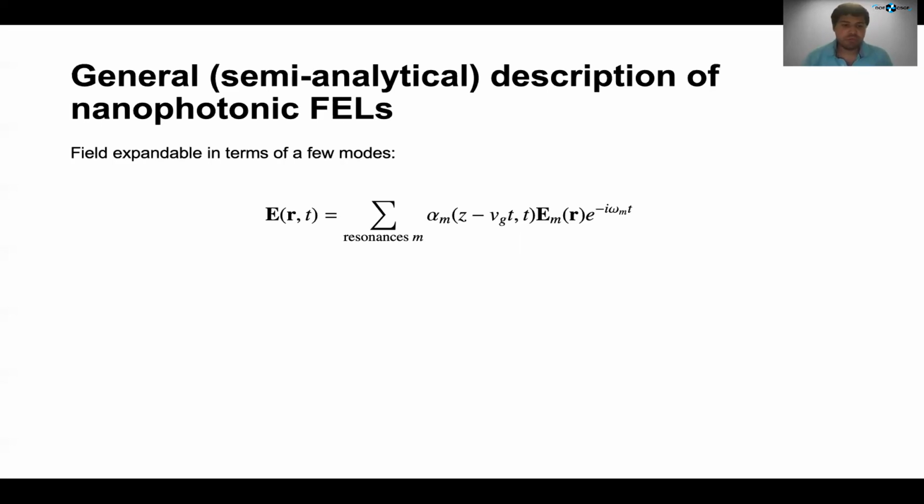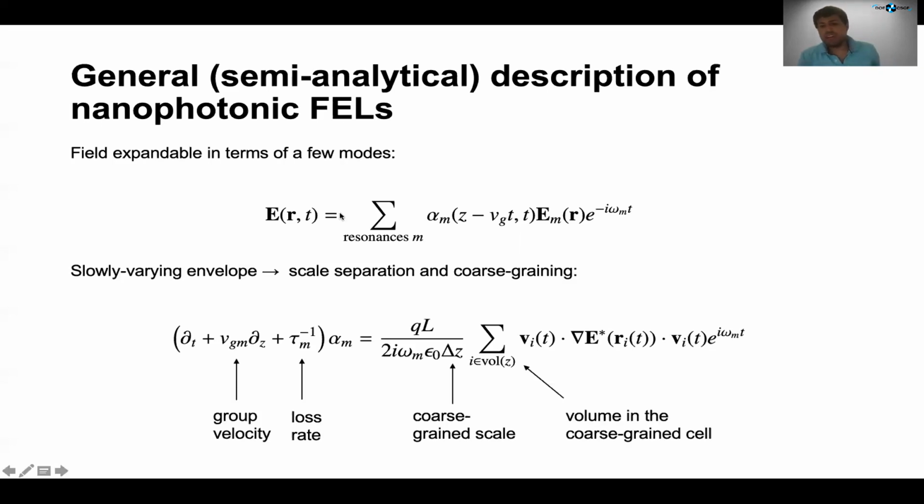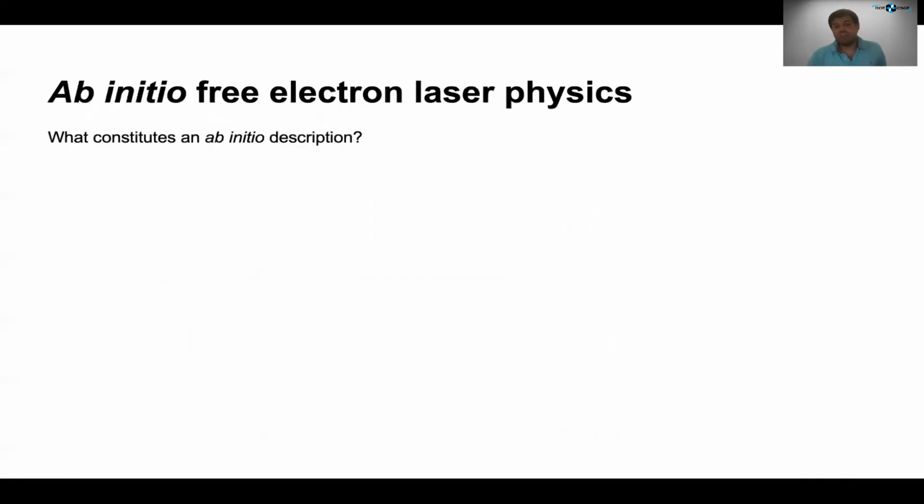And if we assume that this envelope is varying slowly, in other words, that the gain or the amplification is happening over many optical wavelengths, then I can get a scale separation and coarse graining, which lets me write a wave equation for each mode envelope in terms of the positions and velocities of the electrons with respect to each mode. And so this is the most general semi-analytical framework that can describe a free electron laser. And if you tell me the modes, then I can tell you the lasing solution. So this is quite powerful.